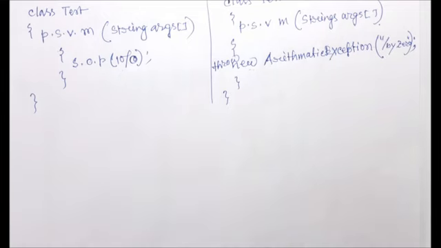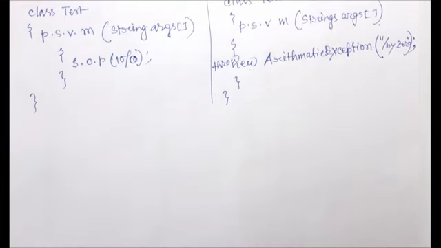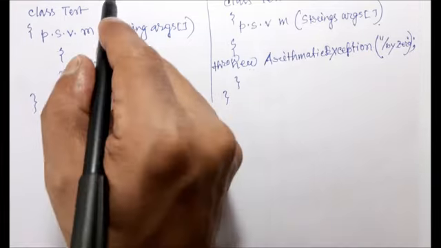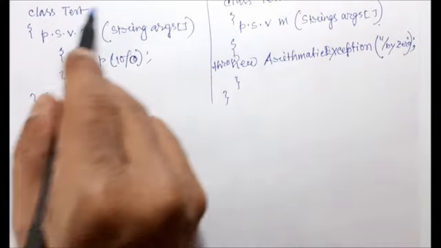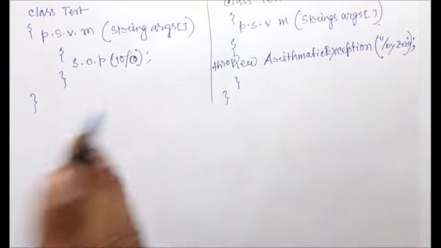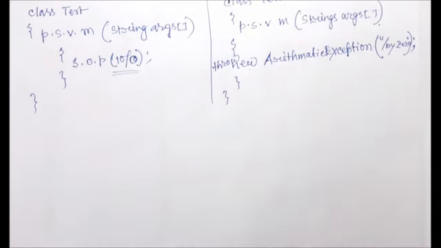Now tell me what is the difference between these two. This is class 1, and for example this is class 2. In class Test 1, in the example on the left hand side, definitely we will create an exception.